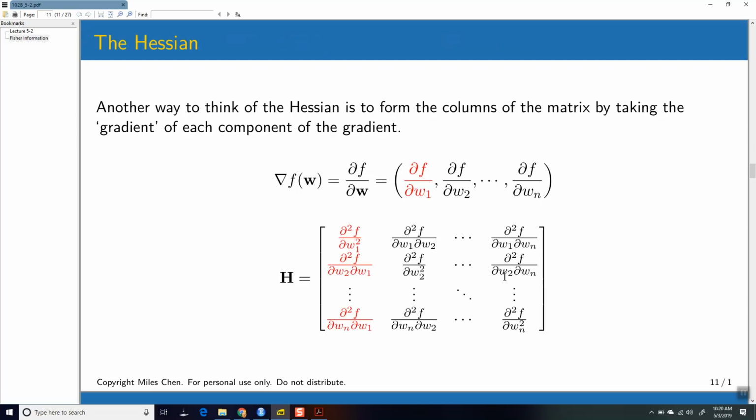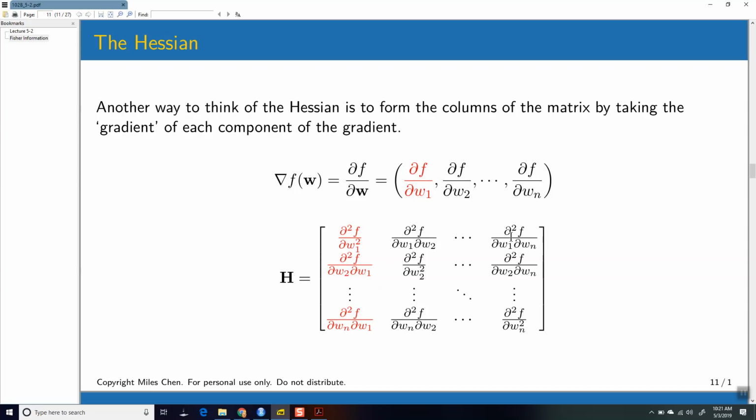If you look at this, you take the gradient and get the partial with respect to the first component and the partial with respect to the second component. Then the columns of your Hessian come from taking the gradient of each of these: the gradient of this with respect to W1, with respect to W2, W3, all the way up to Wn.